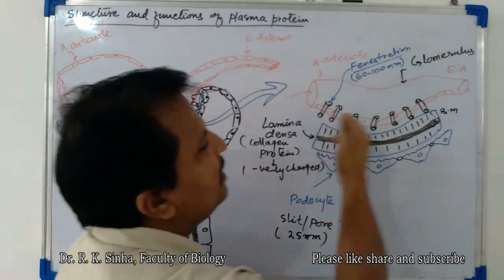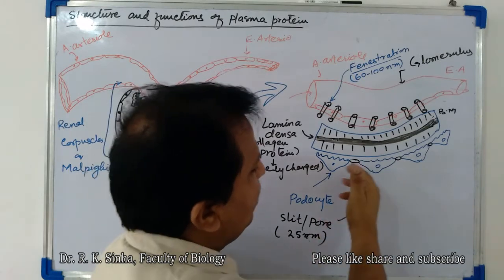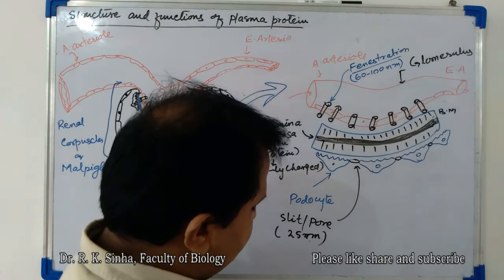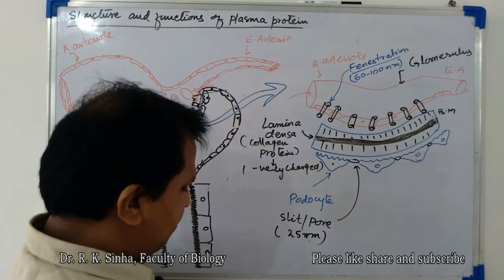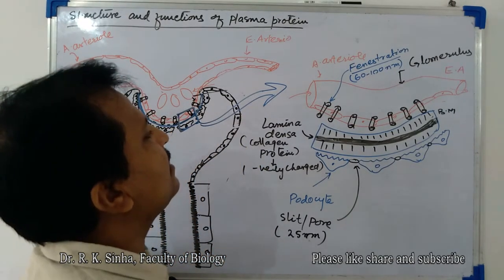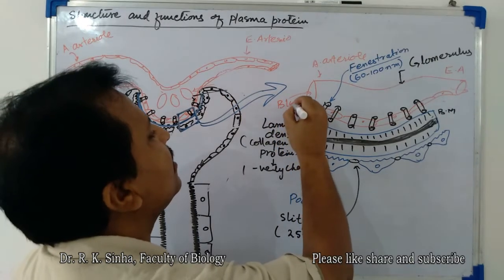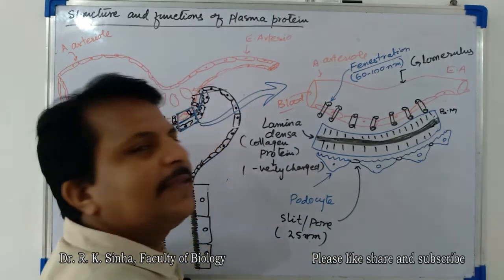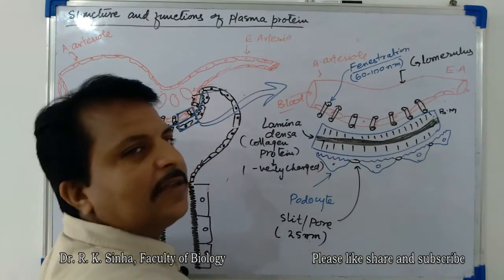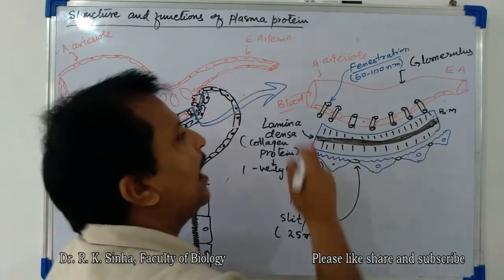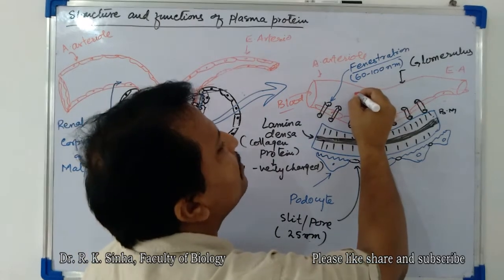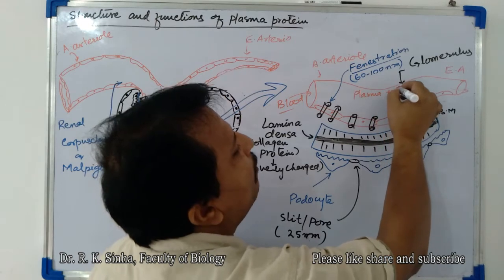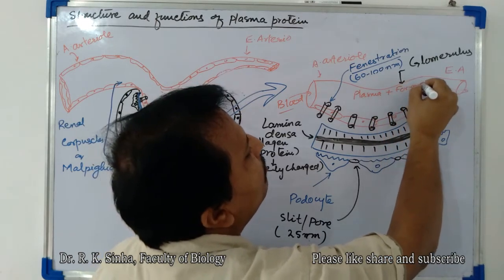Now, what is the role of this fenestration and of this filtration slit? Blood is passing through the glomerulus of the nephron, and blood contains two parts: plasma and formed elements.